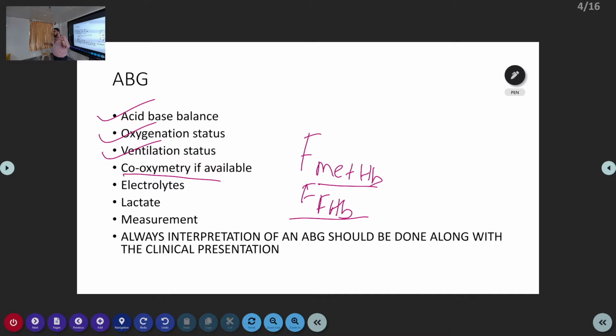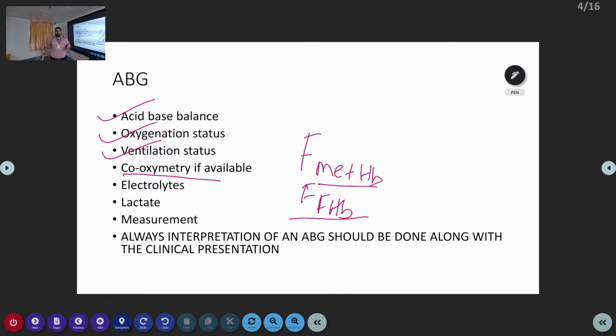At birth you will have a lot of fetal hemoglobin; as age advances, it becomes the normal hemoglobin. Similarly, methemoglobin can occur sometimes due to sepsis and sometimes due to certain overdoses and poisoning. If you are able to get that result also, that is called co-oximetry.